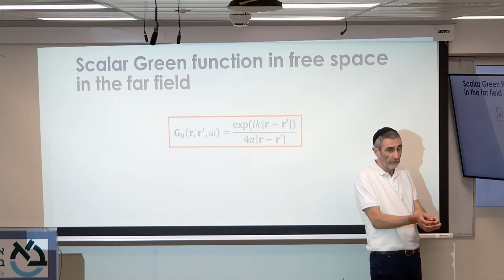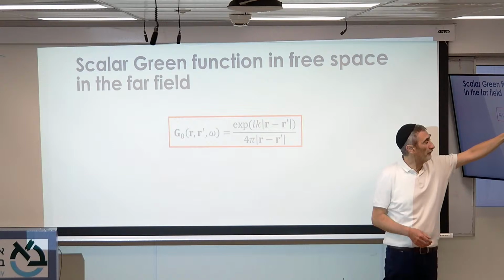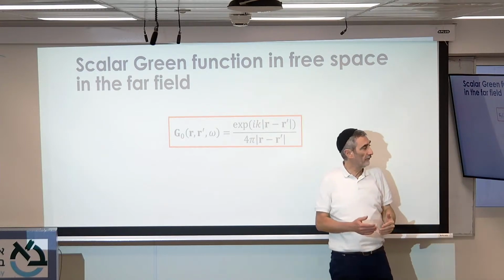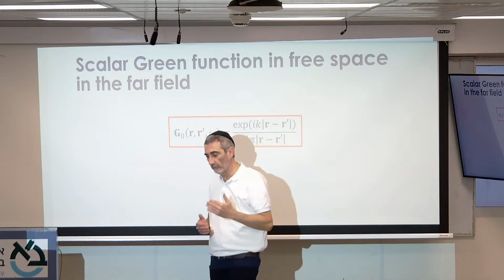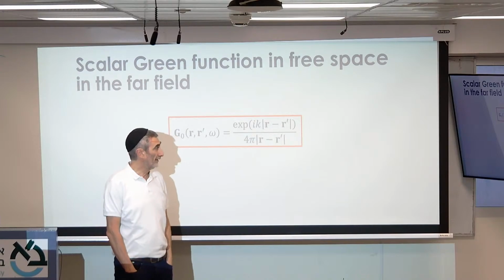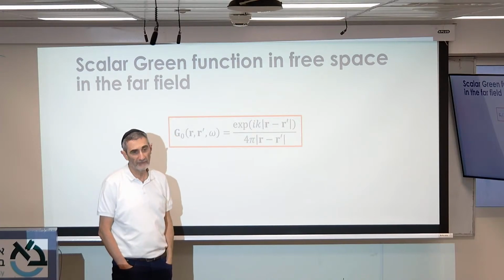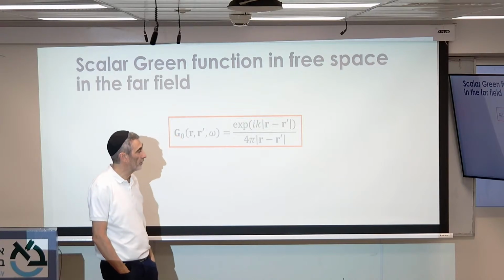You have a source, and in the far field what you see is a spherical wave with the phase term, which tells you the retardation for the wave to come from the source to the position where you measure the field. So that's the very simplest case for calculating the green function.